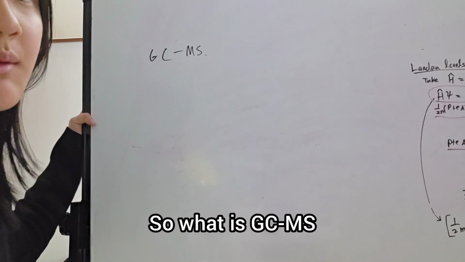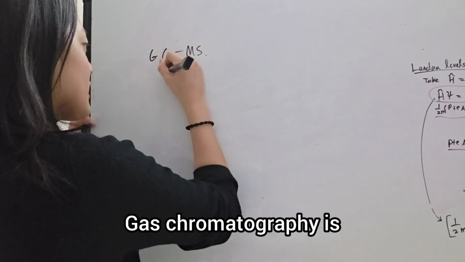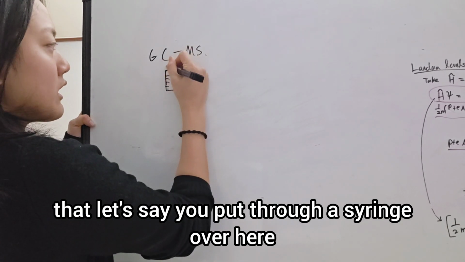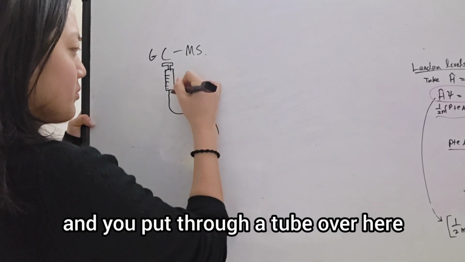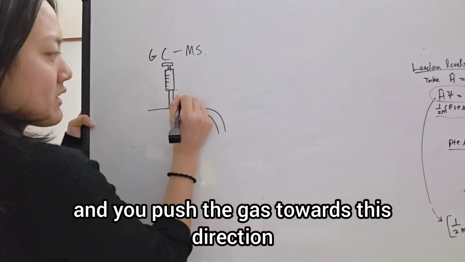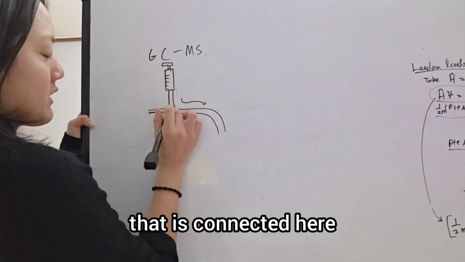So what is GCMS? Let's draw a simple diagram of gas chromatography. Gas chromatography is when you have a sample of some kind of gas that, let's say, you put through a syringe over here, and you put through a tube over here, and you push the gas towards this direction with some kind of inert gas that is connected here.